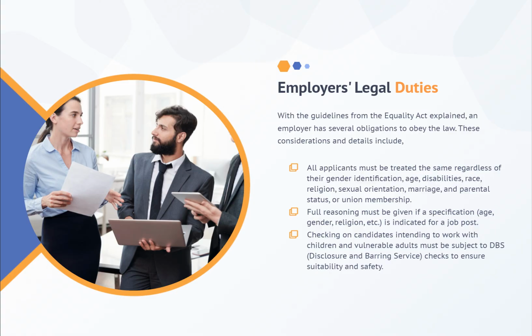Full reasoning must be given if a specification, age, gender, religion, etc., is indicated for a job post. Checking on candidates intending to work with children and vulnerable adults must be subject to DBS, Disclosure and Barring Service checks to ensure suitability and safety.